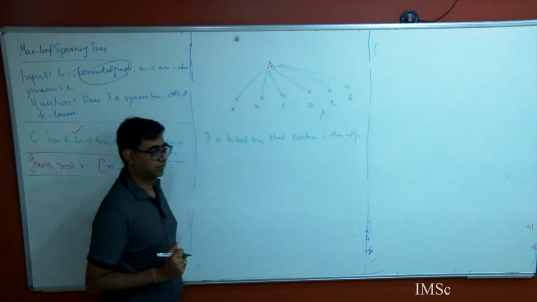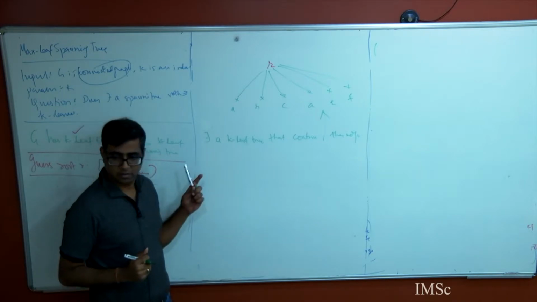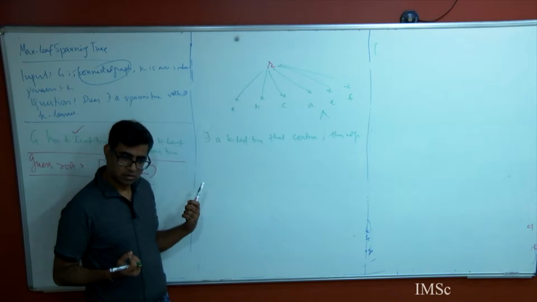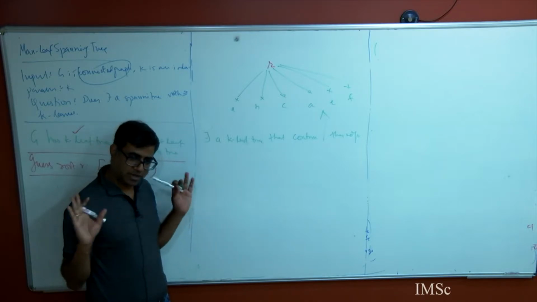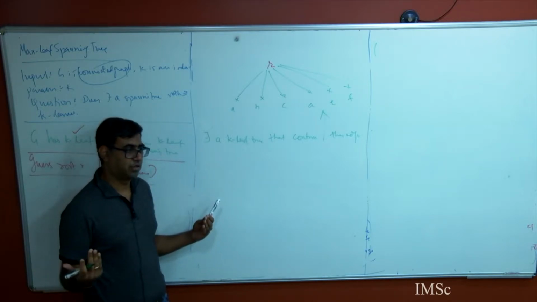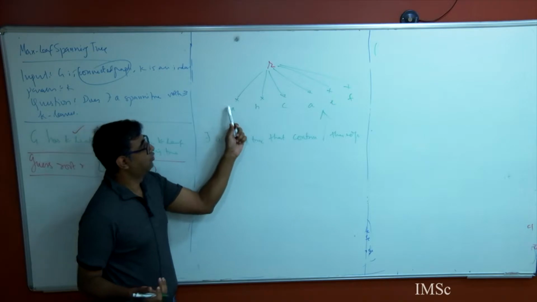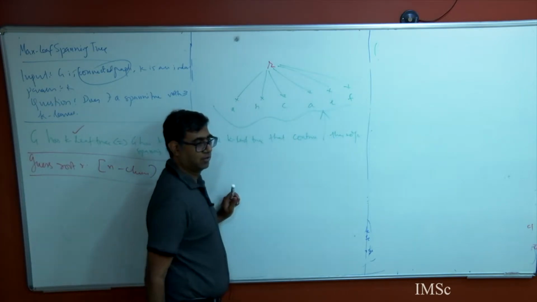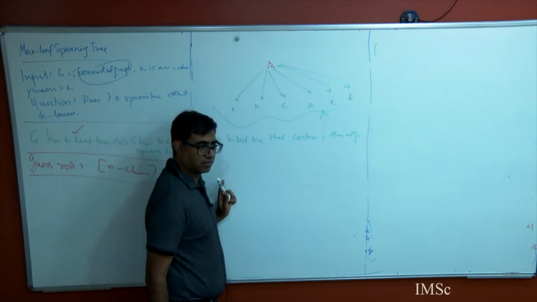Suppose I am able to prove this, isn't this great? What am I saying? If at all there exists a k leaf tree, then there exists a k leaf tree which contains all these edges. So in some sense I have partially created a tree. You see what I am saying, right?